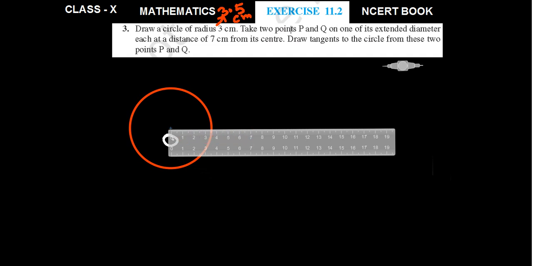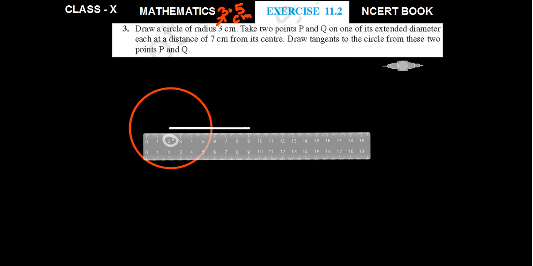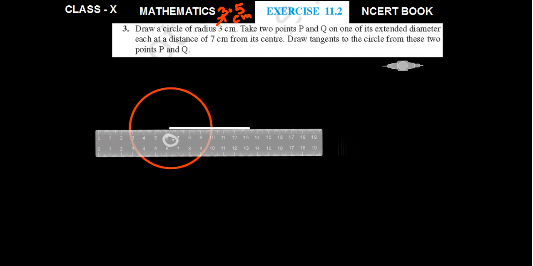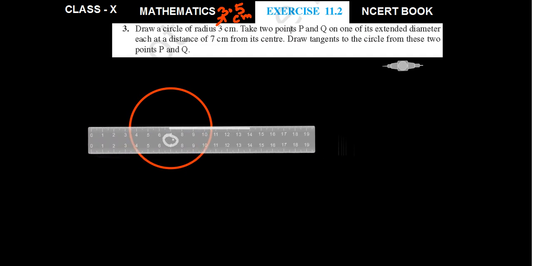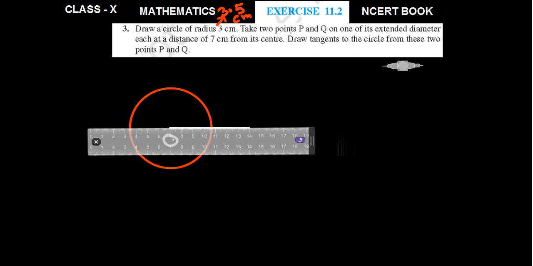So we have to draw a line segment of 7 centimeter. On the same line segment, we match this 7 with the center, and from 0 to 7 we draw.